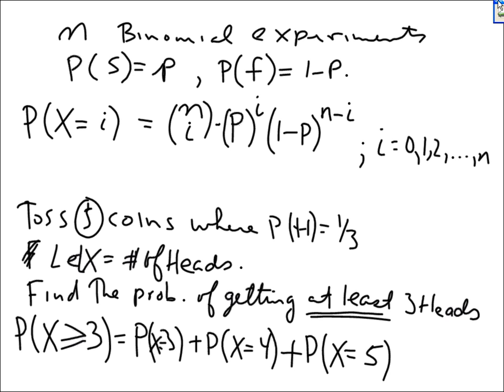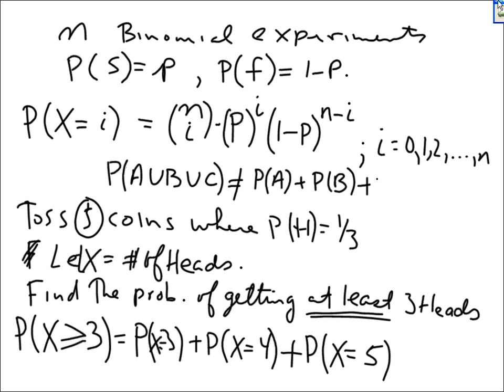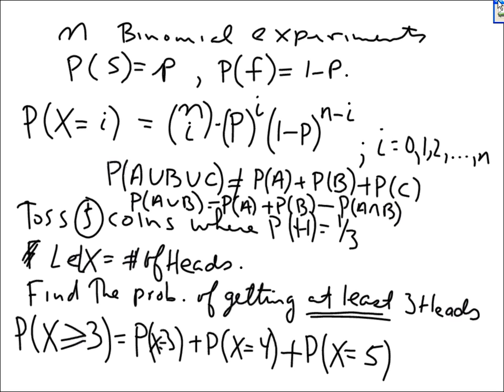Now you have to be a little bit careful here. The probability of A or B or C is not necessarily the probability of A plus the probability of B plus the probability of C. For example, if I just had 2 unions, the probability of A union B is the probability of A plus the probability of B, but minus the probability of A intersect B. This is not P of A plus P of B plus P of C. But if they're disjoint, if A and B don't intersect, if B and C don't intersect, if A and C don't intersect, then yes, it is valid.